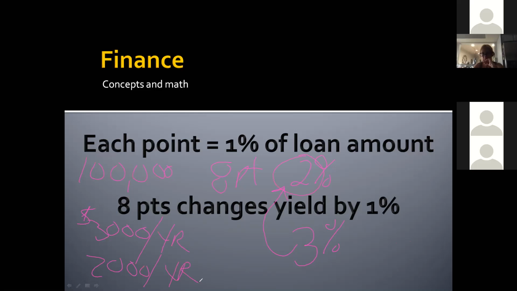Okay, so it's always better to pay $2,000 rather than $3,000 a year, but to pay that $2,000 a year, you had to lay out $8,000. You had to lay out $8,000 to get your payment reduced from $3,000 to $2,000.